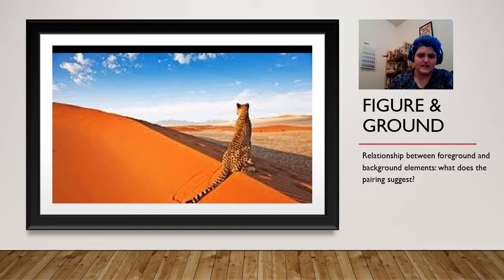The cheetah is covering all of it, and it seems to be surveying its dominion, right? It's like the land is owned by the cheetah. The cheetah is crossing all of it with its body, and it seems like it's dominating the whole thing. So there's a relationship being suggested between the foreground figure and the background, between the figure and the ground itself.